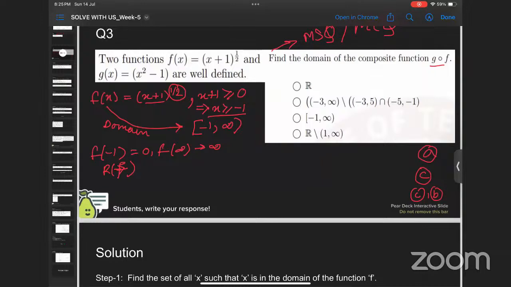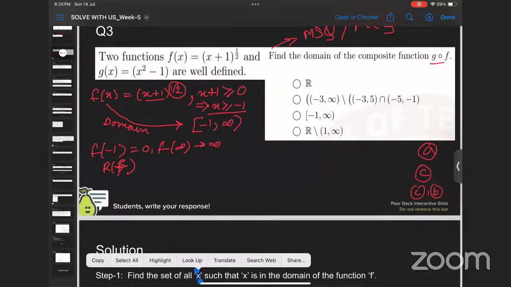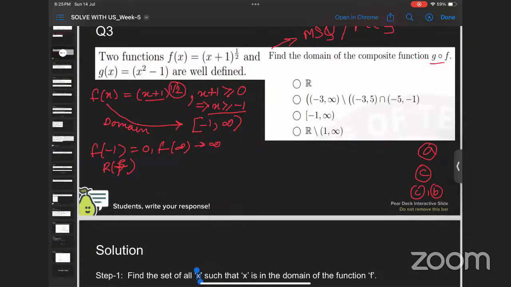So from here we can get the range: 0 to infinity, including 0. This is the range, right?